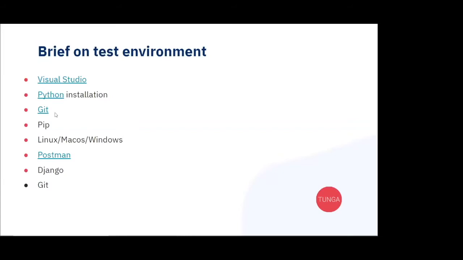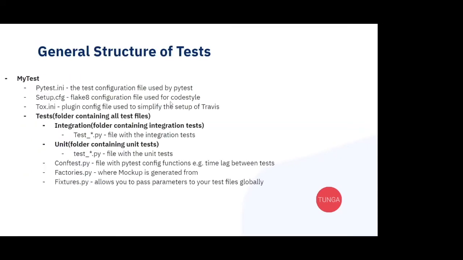Flake8 is really to check the coding style, and all these are pip modules, which we shall talk about later on. I've already spoken about the operating systems, and it doesn't really matter. Postman is not relevant at the moment, and we'll be using the Django framework for today. And then lastly, Git is repeated. So I'll move on to the next slide.